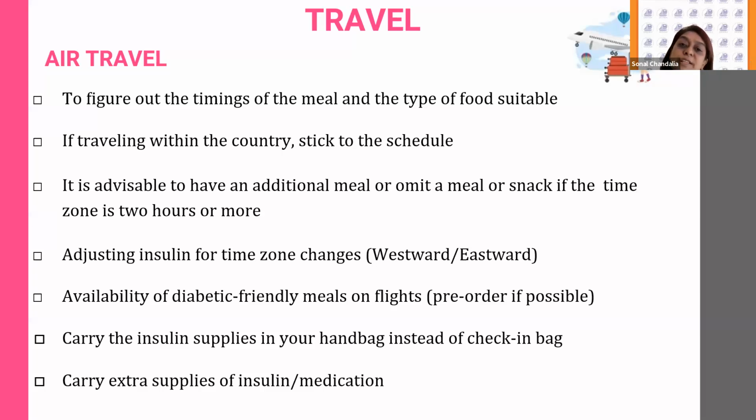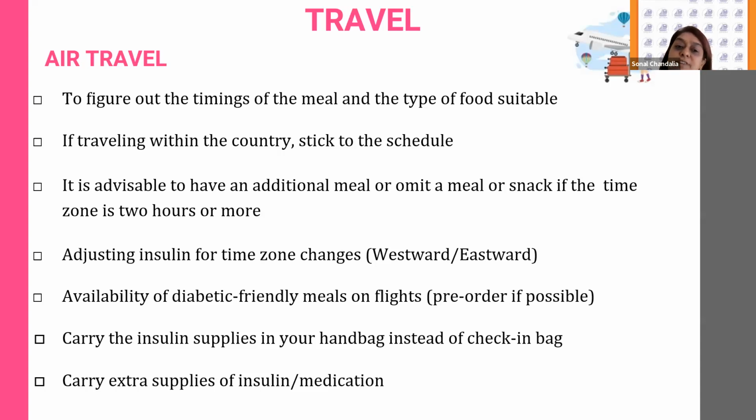Whereas when you go eastward from India, you'll be losing time, you're going ahead, so the time zone has already been gone through. They have to go into the international clock, and when you go eastwards, you have to adjust the dosage accordingly. These are very important points to convey to a patient, and that dosage has to be explained and given in the prescription, that you add this or you minus this. So that dosage schedule has to be provided.